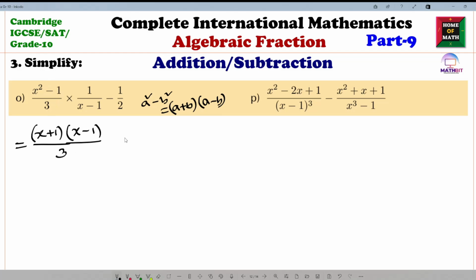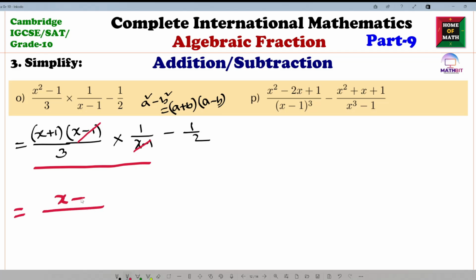So we will work on this part first. Here x minus 1 cancels out, so we can write x plus 1 divided by 3 minus 1 divided by 2, right?